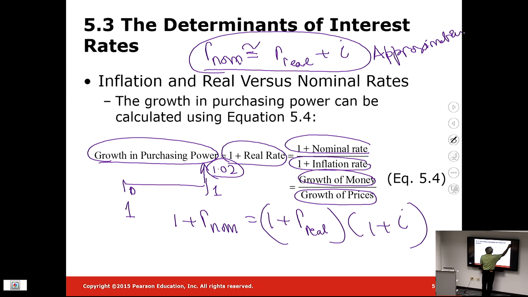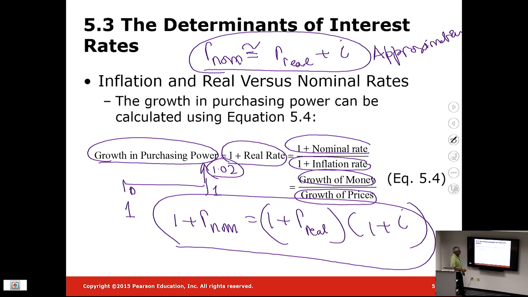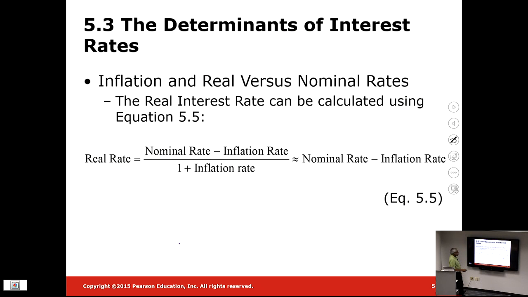It works only when interest rates and inflation rates are very low. But the full equation is this one. Okay. So again, approximately, the real rate is nominal minus inflation.